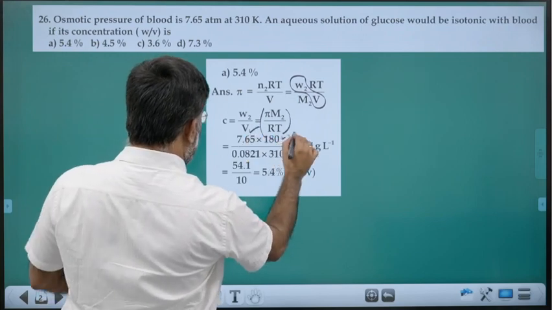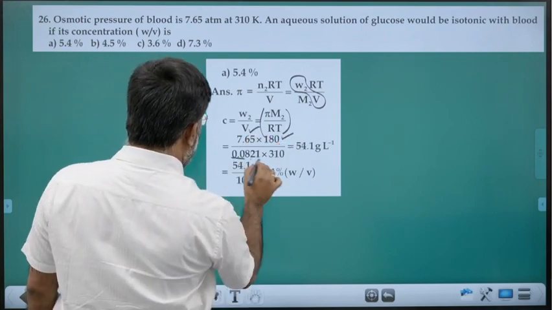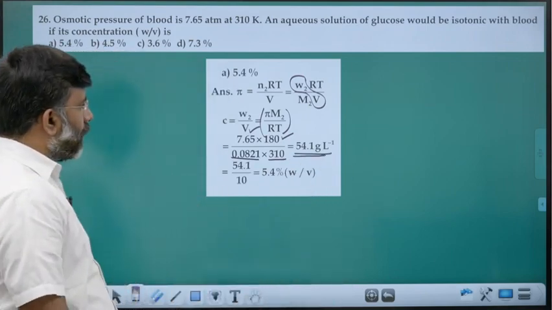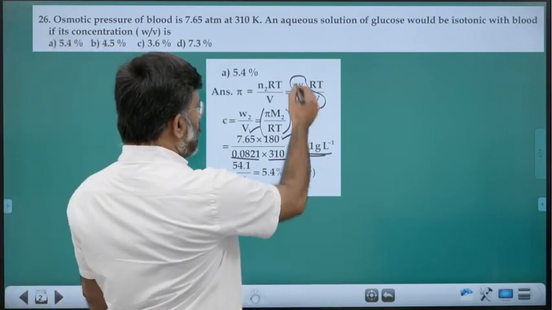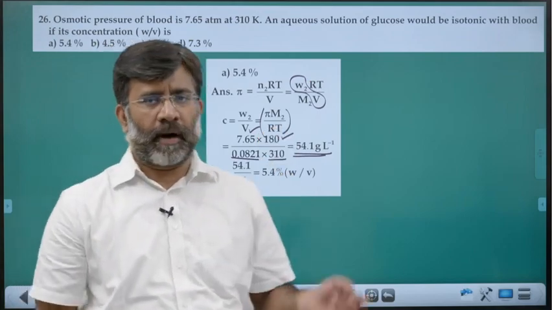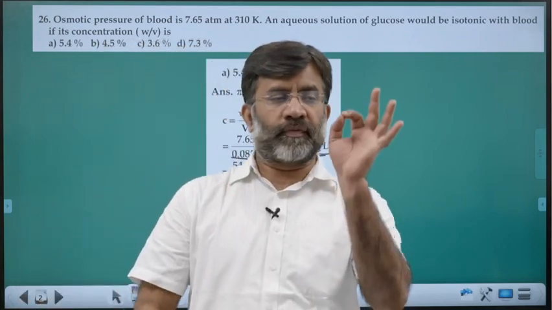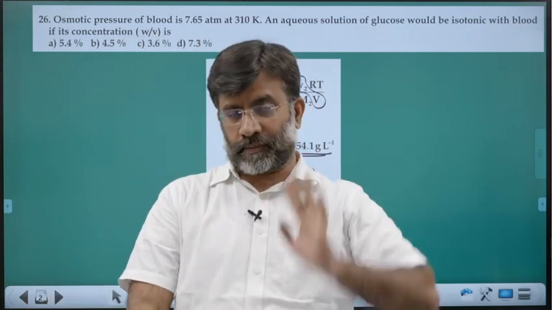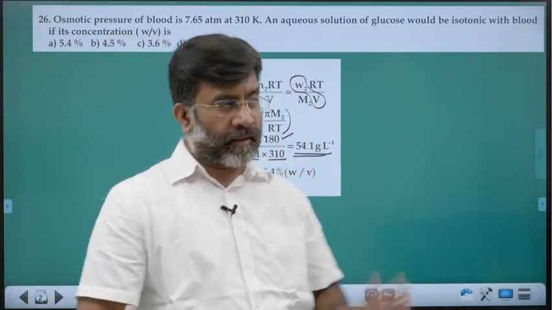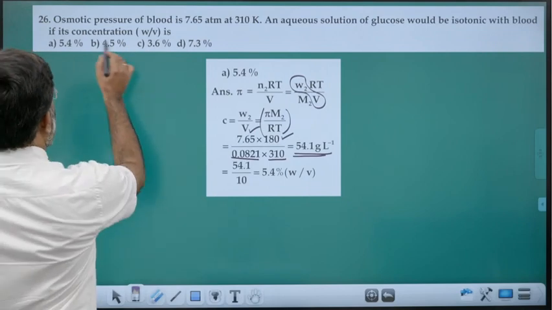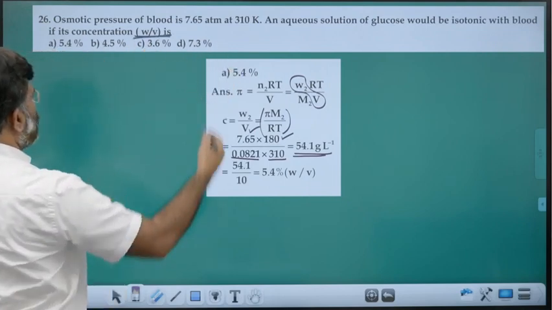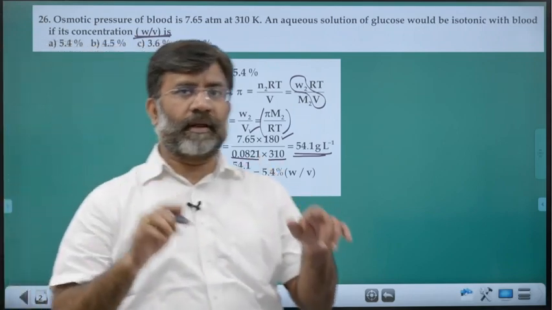Pi given, M you know, R you know, temperature given. You can get 54.1 gram per liter. That is w by V, mass by volume. What is intended is weight by volume percentage. Look at the choices. Weight by volume percentage is required.